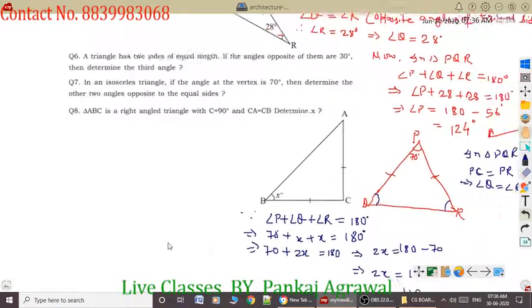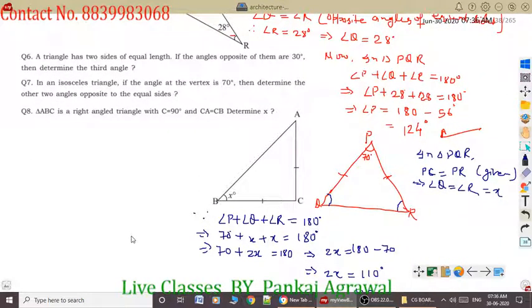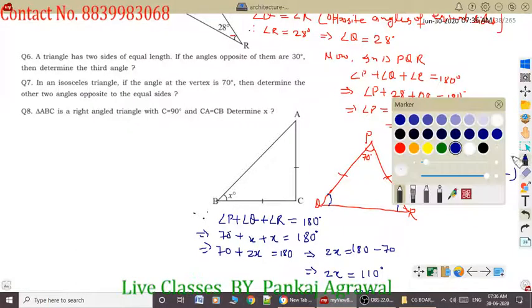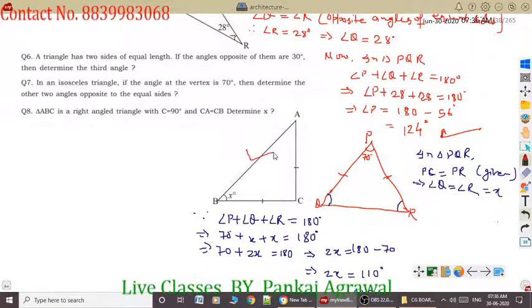Similarly, question number 8. You can see here question number 8. In triangle ABC, a right angle triangle with angle C equal to 90 degrees and CA equal to CB, determine the value of X. In question number 8, you can see the diagram.